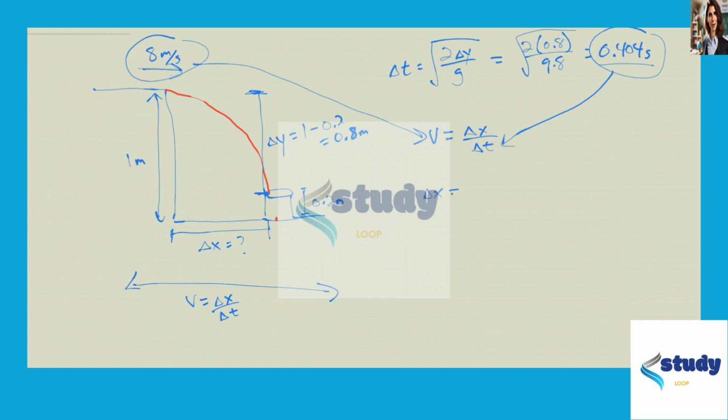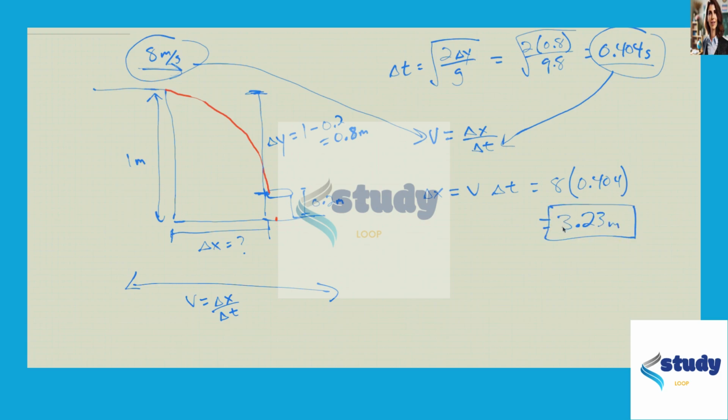So delta x is velocity times time. That's 8 times 0.404. And if you do that, you get 3.23 meters.